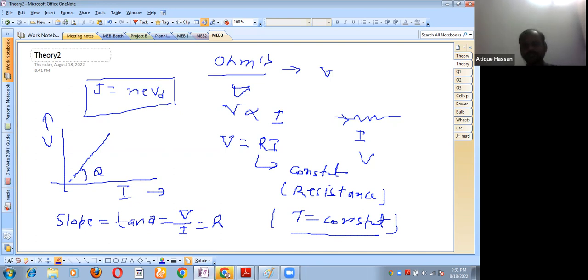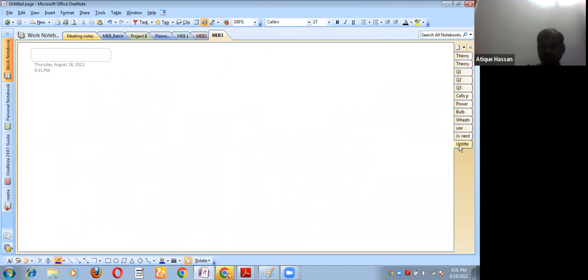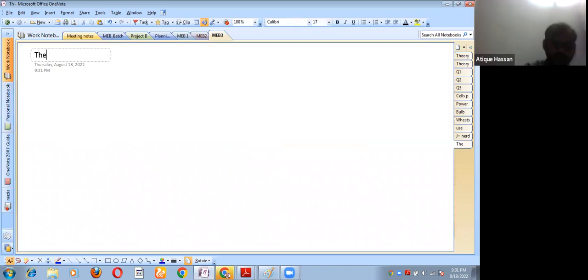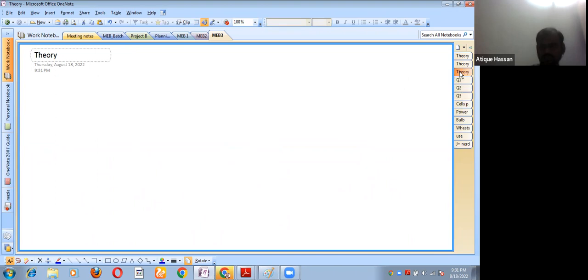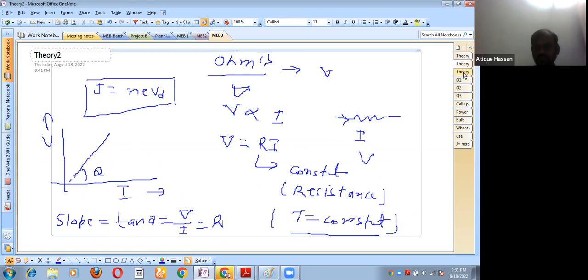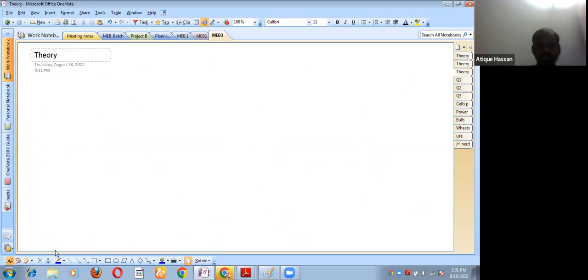Apart from that, if you see the resistance, our resistance is varying. So here is the formula: V is equal to IR, R is the resistance.